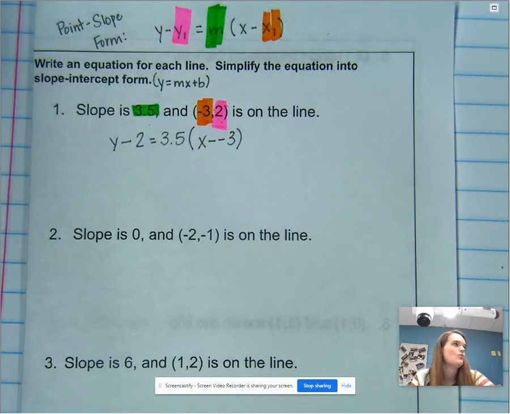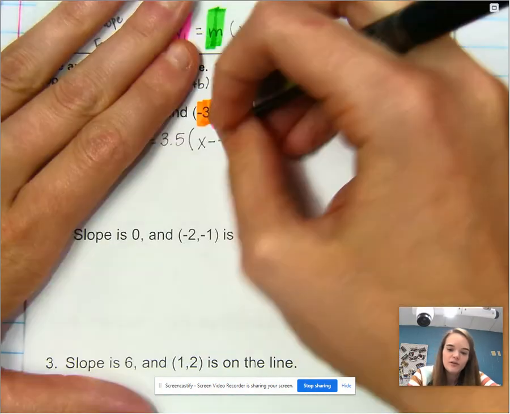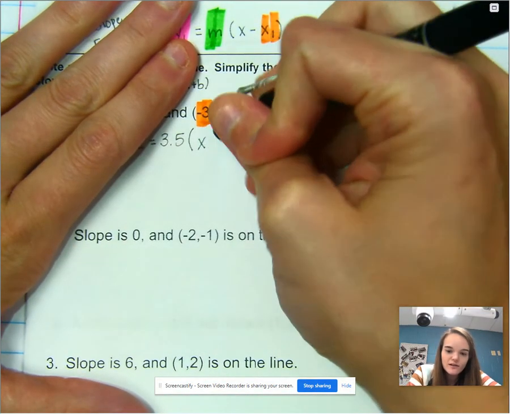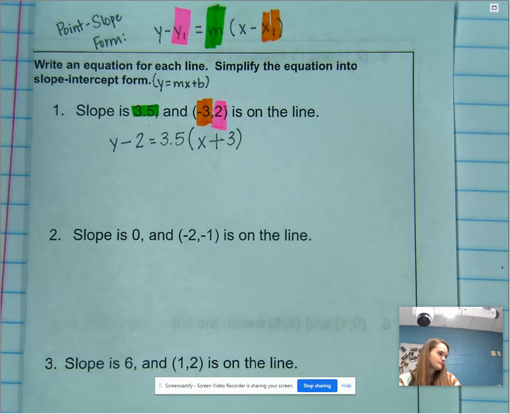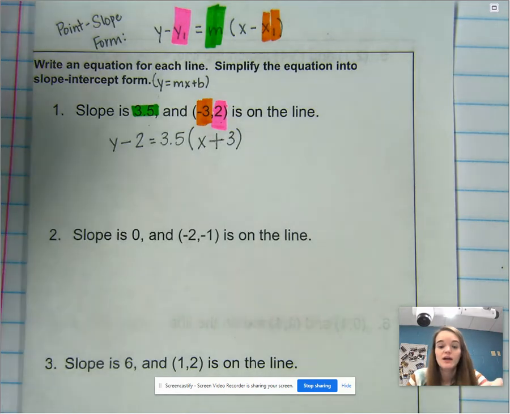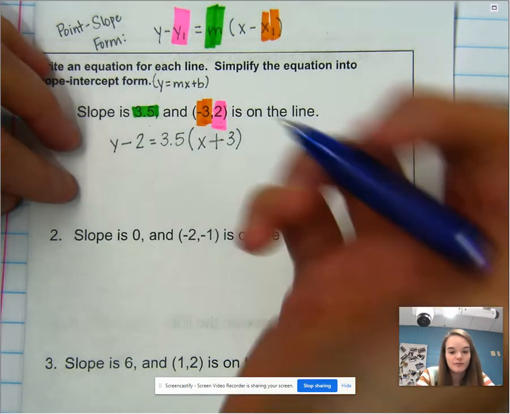Now, I do not want minus a negative, so I'm going to erase that and put plus. Now I just have to simplify.